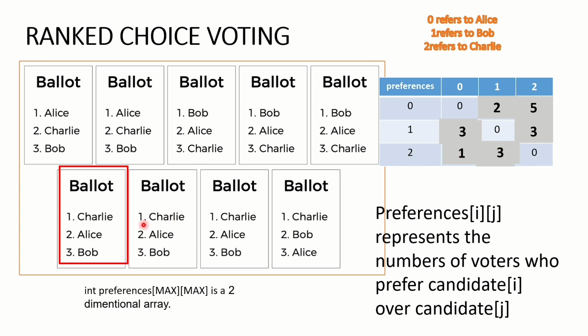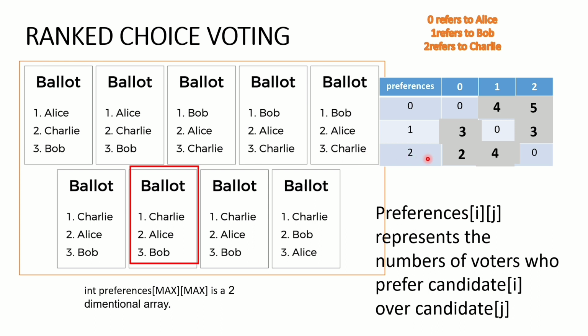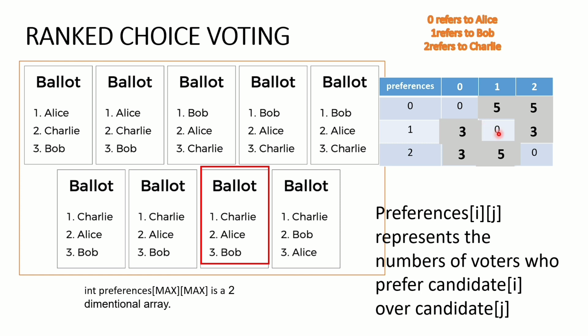The next two ballots are the same, so we can just skip them. The last ballot is different, so we will count that.